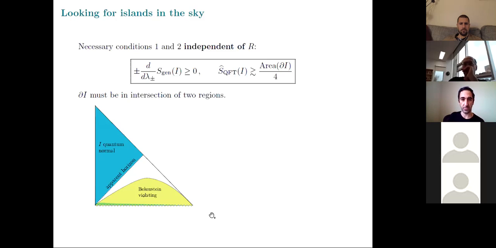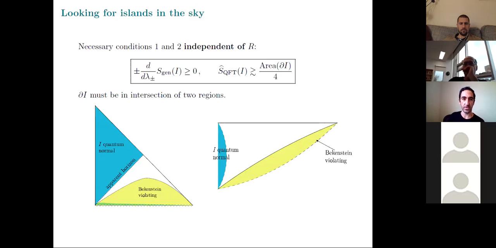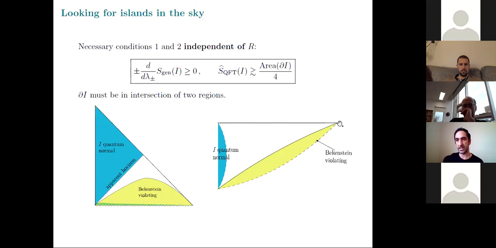So that's one example where it doesn't seem like you can have islands. A very closely related example is, ignoring what happens in the past, if you have some matter plus a positive cosmological constant, so you end up being cosmological constant dominated, a future de Sitter spacetime, then again you can draw the two regions, the quantum normal region and the Bekenstein violating region, and you again see that they do not have an overlap.